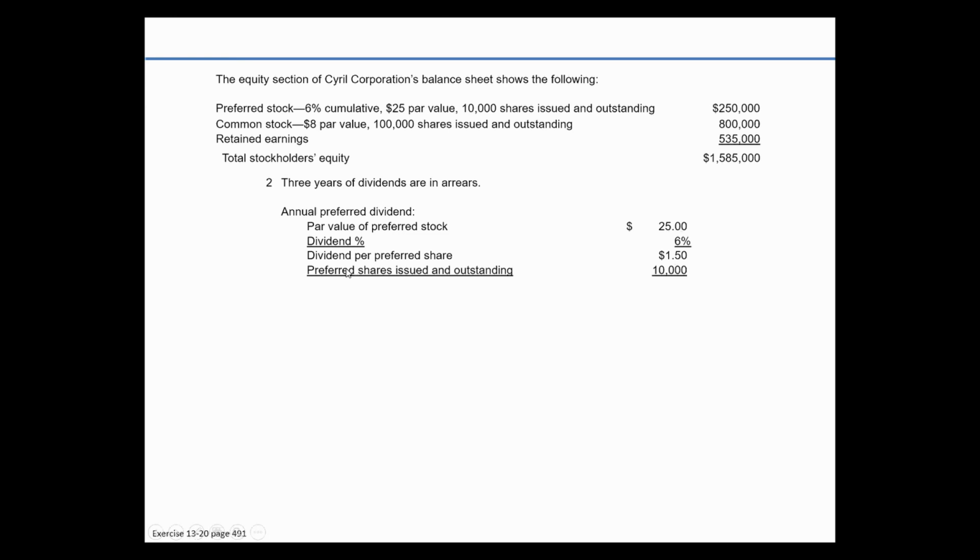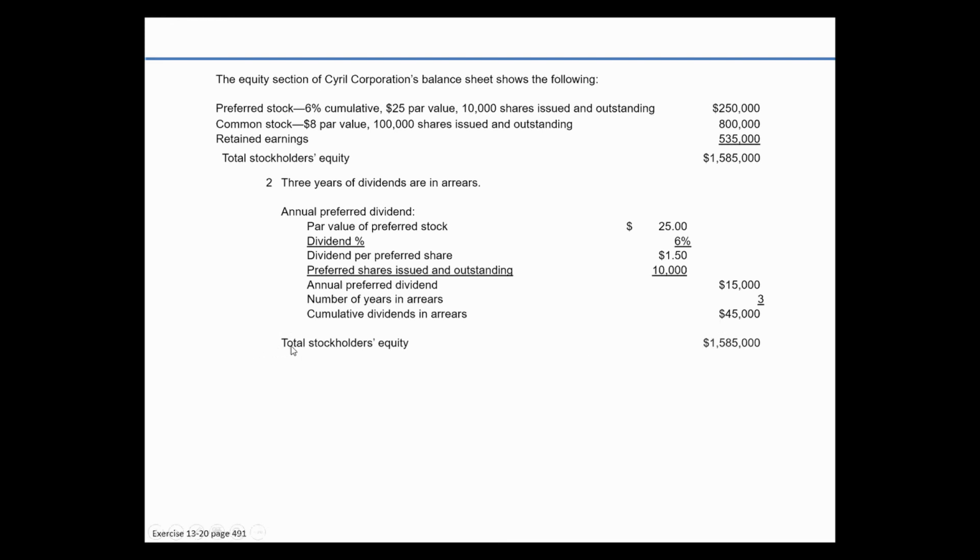The number of preferred shares issued and outstanding is 10,000, and so the annual preferred dividend is 15,000. The number of years in arrears is 3, so each year they have $15,000 in arrears in this example. So the total amount of dividends in arrears is 45,000.